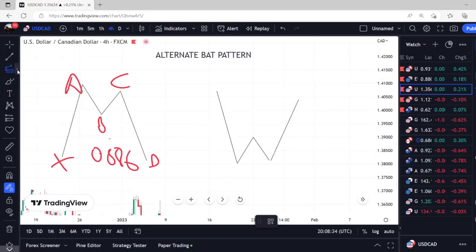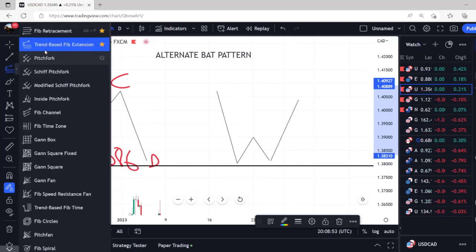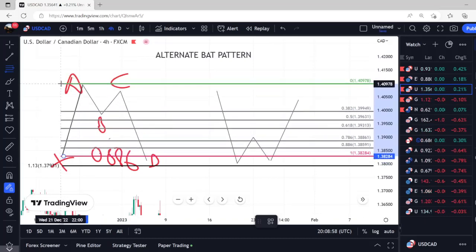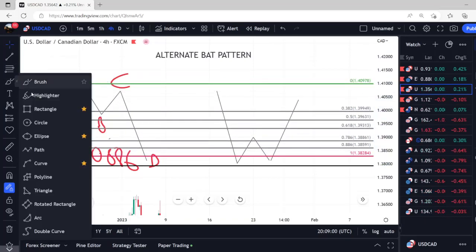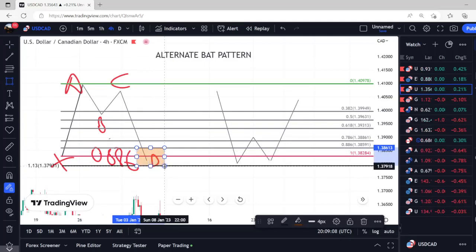So you grab the fib extension and measure from A to X back to A, and the 1.13 fib extension is what we need to include as our D leg. What do I mean by that? You take the fib retracement and measure from X to A, then we need to include the 0.886, so between 0.886 to 1.13.